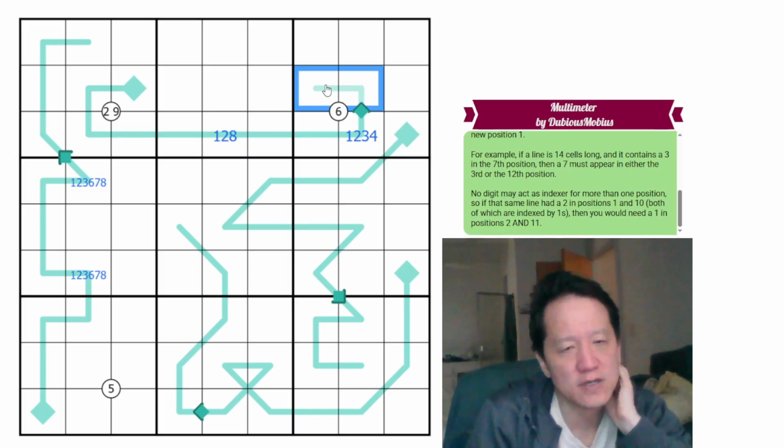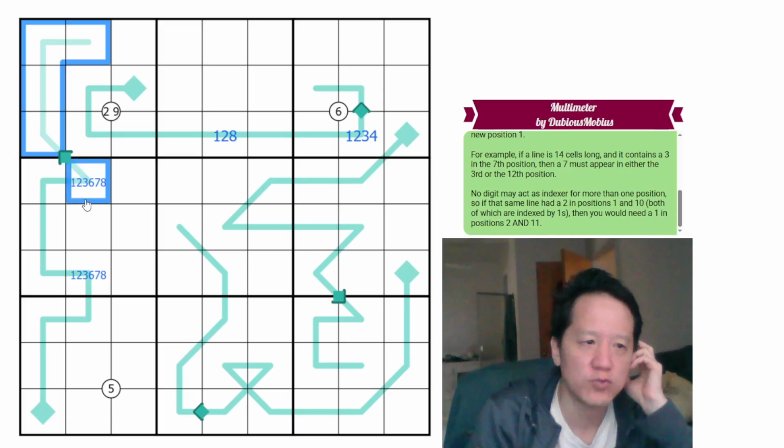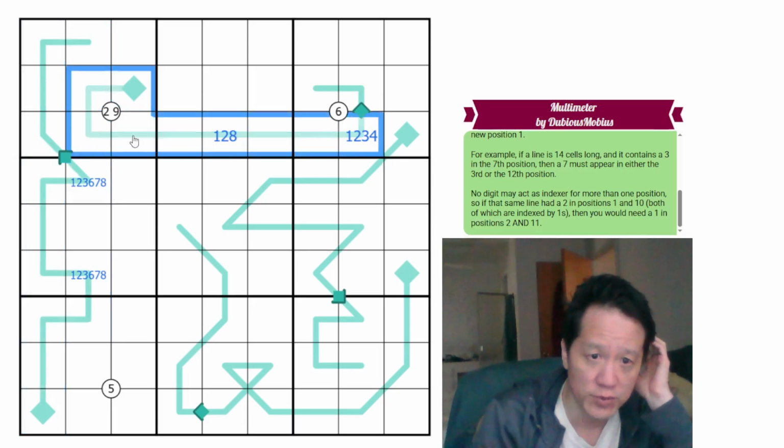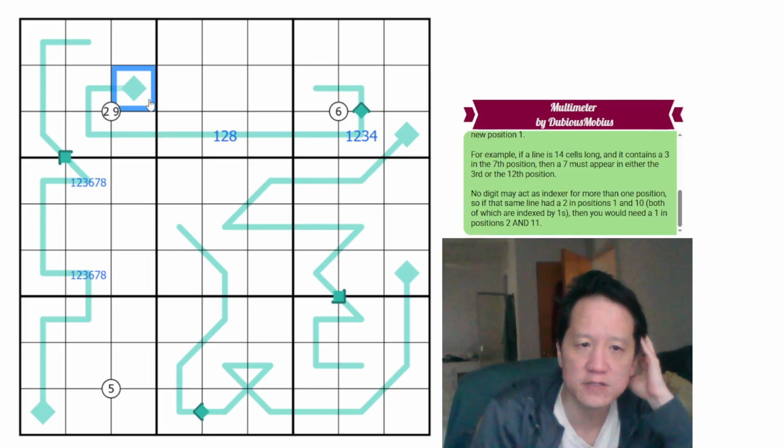I think that's, yeah. So that's the case for all the index lines, right? So then it has to be the digits 1 through 4 and then 1 through 9 again, right? Here. This is the digits 1 through 9 and then 1 and 2, right? Because whatever this is says that a 1 has to be in that position.